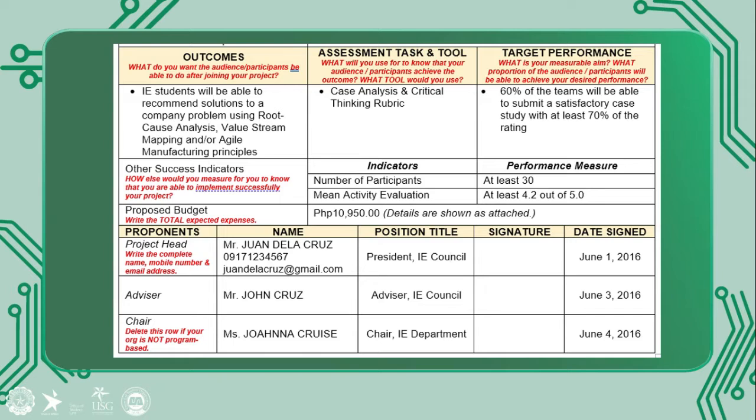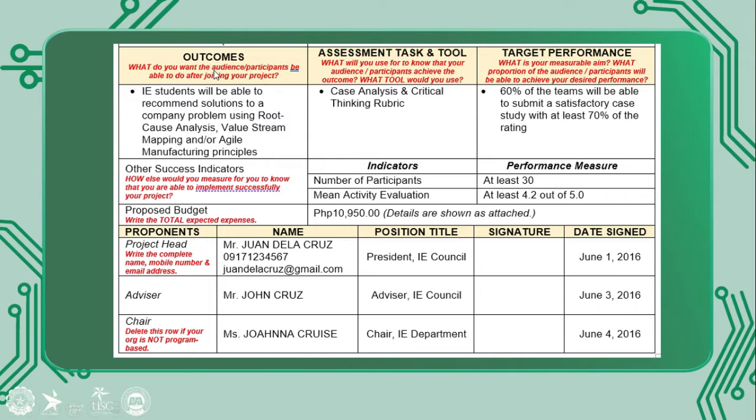Next, you go to this part: outcomes, assessment task and tool, and target performance. Let us do away with just writing down the objectives. This time, with all these objectives, what will my participants be able to learn? Or what will they be able to do with what they know? So you list here, for example, your outcomes.